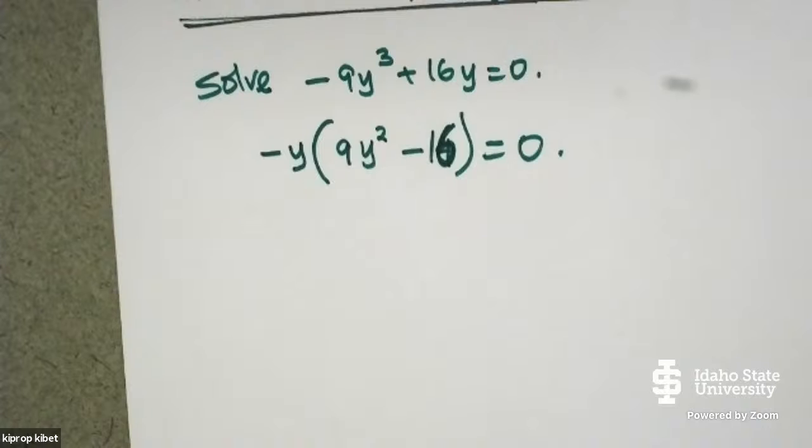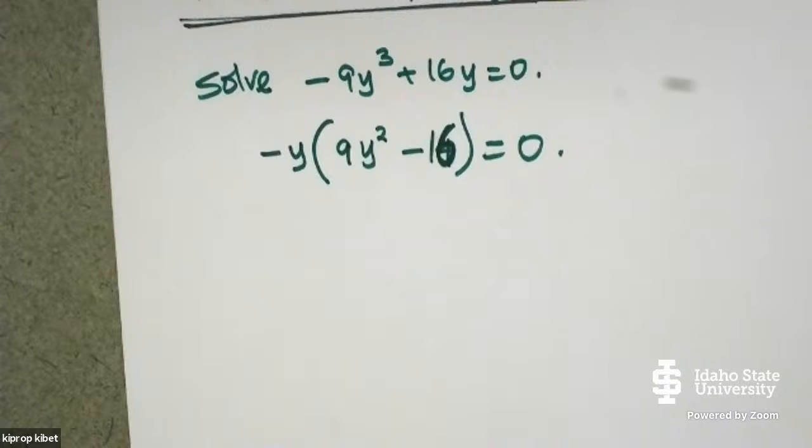We actually want to try to factorize. In this case, if you factor out the negative, then it forms a difference of squares.